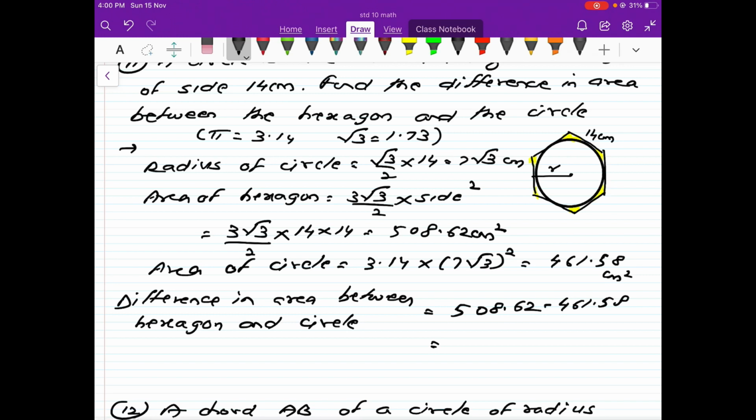I have to simply subtract it. So that is what we are getting, 47.04 centimeter square. So that's the answer.